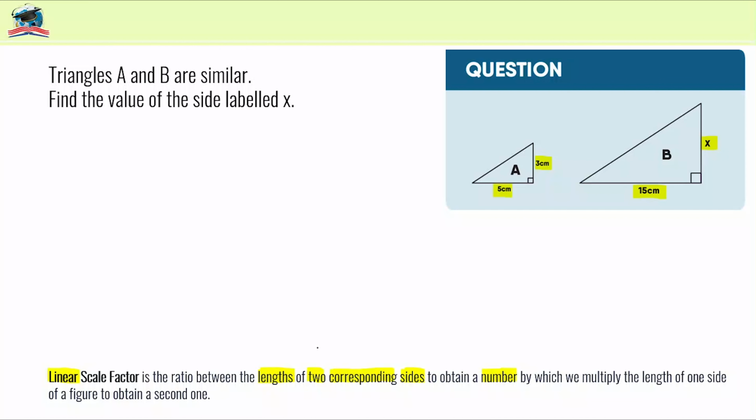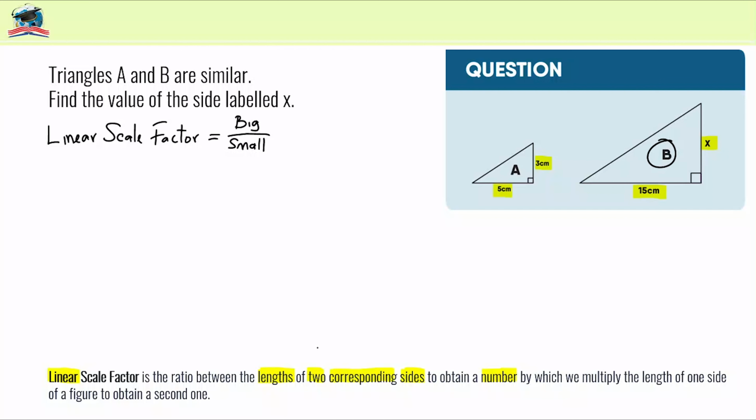Now, let's solve this out. So we start with linear scale factor. Linear scale factor, we go for the big one. So we have big over small. Now this one here is a big one.